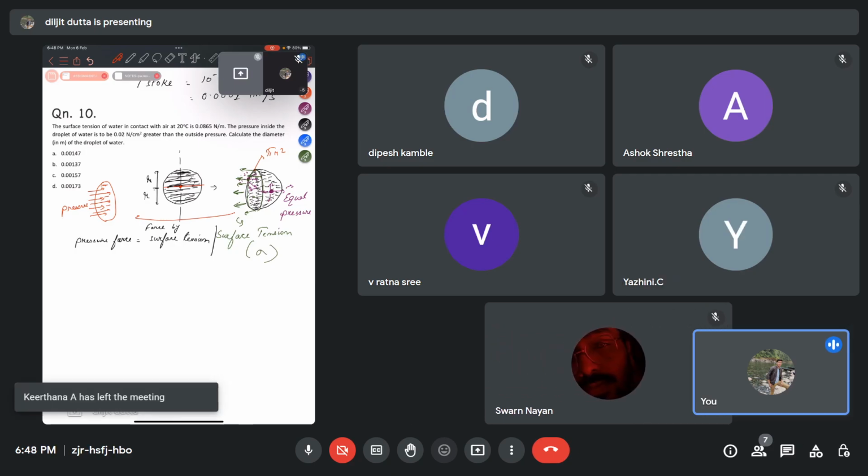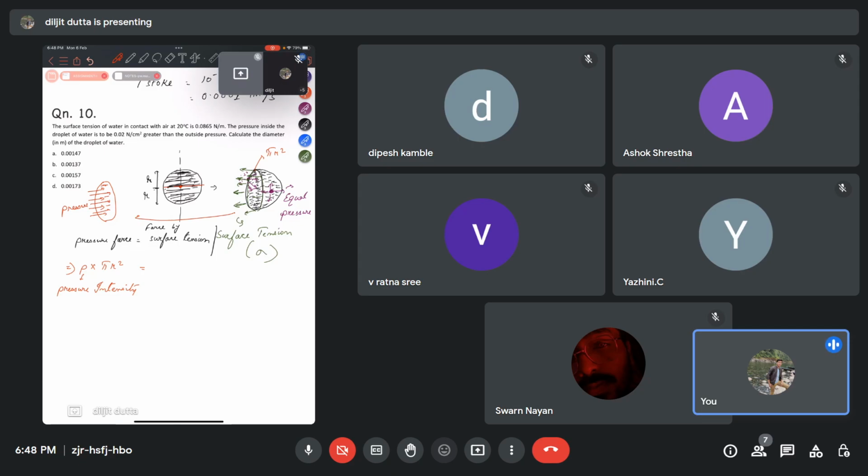So how will you calculate this pressure force? Let's take the pressure intensity as P into pi r square, where P is the pressure intensity. This is equal to, now the important thing, what is surface tension.